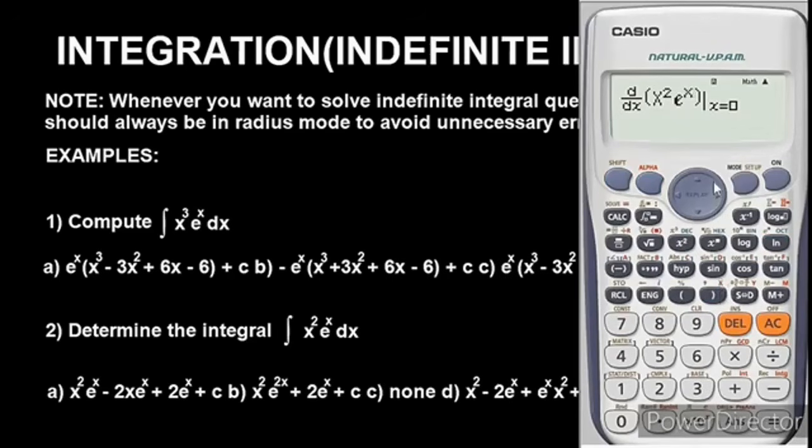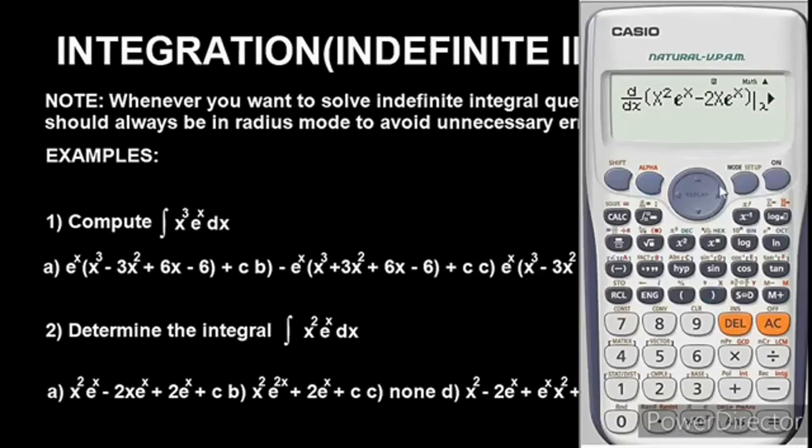You come down, minus 2x alpha x exponential raised to the power x.